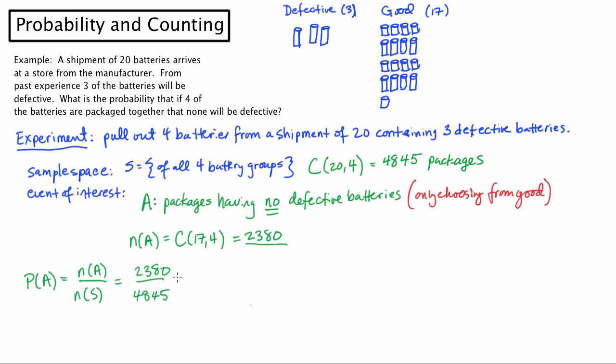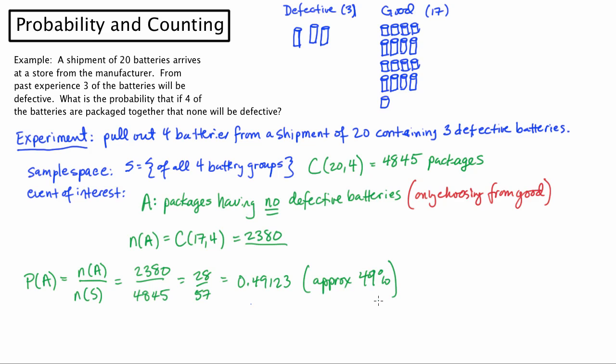If we plug that into our calculator and then reduce, we will get 28 out of 57. Once again, I encourage you to check this. And the decimal will be 0.49123. So it's approximately a 49% chance that if I was to create a package having 4 batteries in it, that package would have no defective batteries.